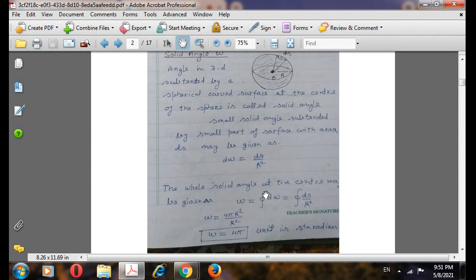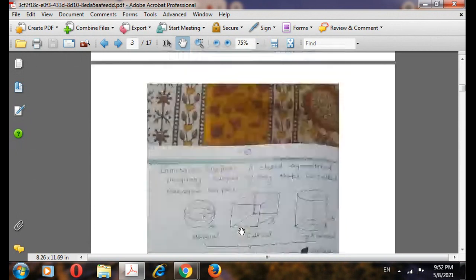This is the symbol for closed integration. Integration comes under calculus, the branch of mathematics where we study differentiation and integration. So, if the small solid angle is integrated throughout the closed surface, then it will be 4 pi steradian.